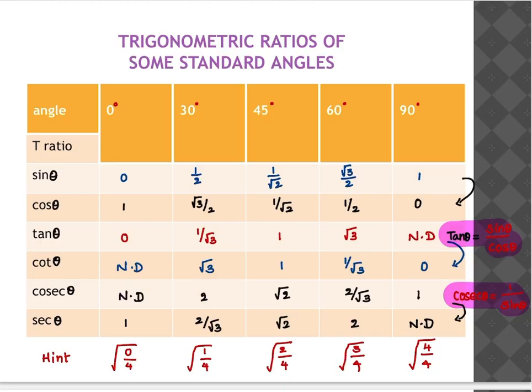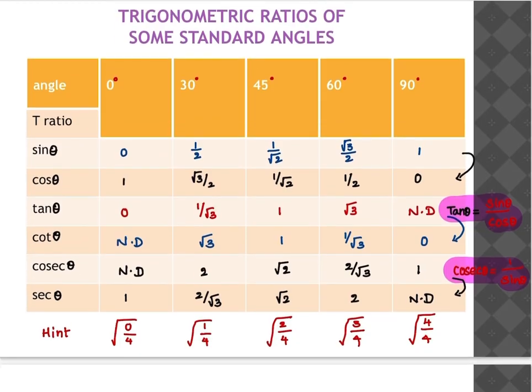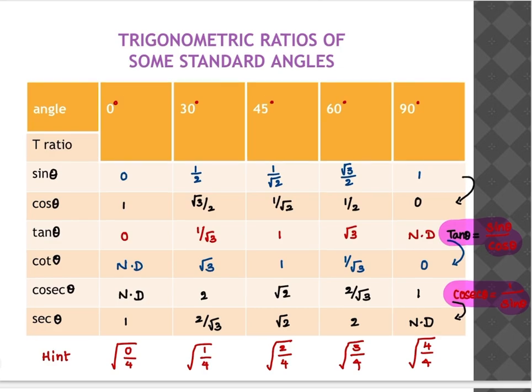And one more important point, see here, sine 30 degrees and cos 60, both the values are equal only. See these two pairs: sine and cos is one pair, tan and cot is one pair, and cosecant and secant is one pair you are taking. So complementary angles you are taking here, like 0 and 90 degrees, sine 0 degrees and cos 90 degrees both will be equal only.